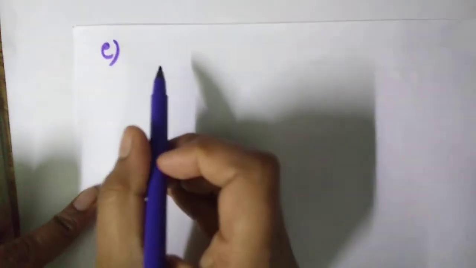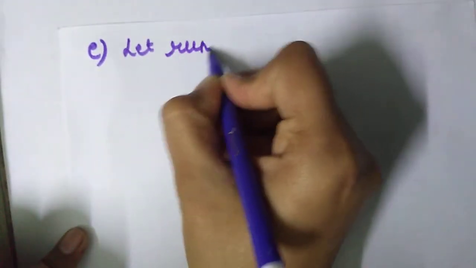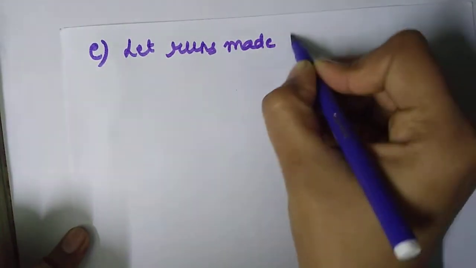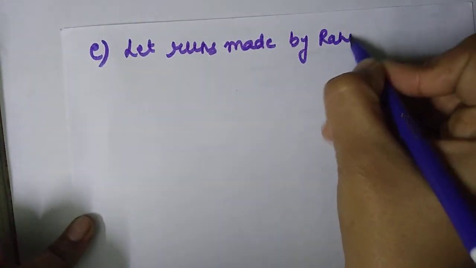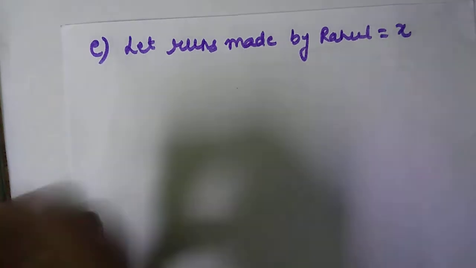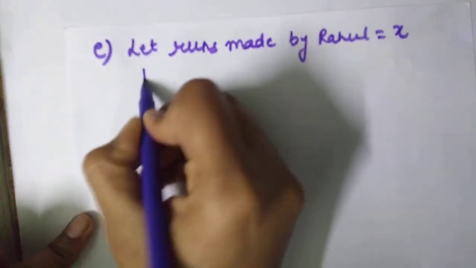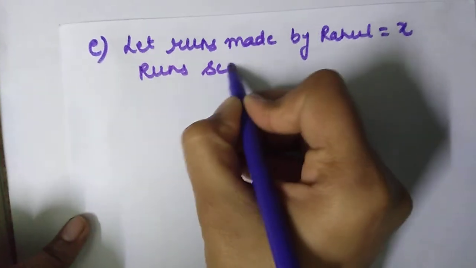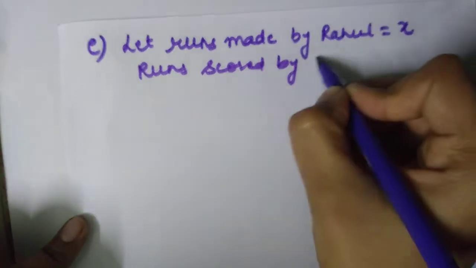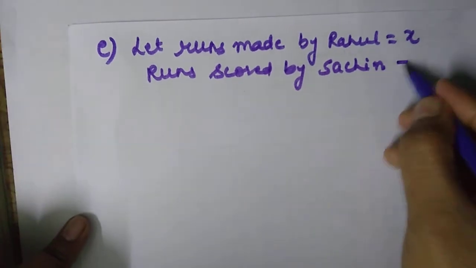Let the runs made by Rahul be x, we are assuming this. Sachin scored twice as many runs as Rahul, so runs scored by Sachin are 2x.